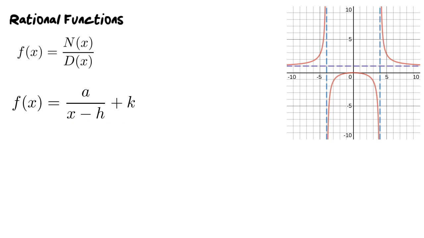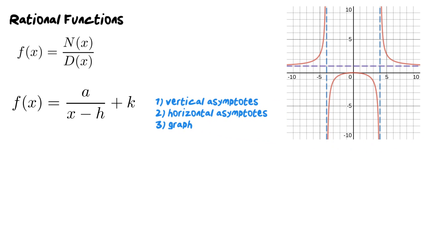Now, when we talk about rational functions, there's several different properties that we want to be able to identify. These are the three main properties that we're going to start to learn how to identify about a rational function. So one is its vertical asymptote. Remember, in a rational function, you often have these vertical lines, like here.